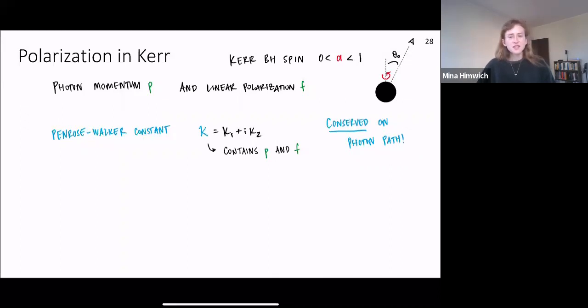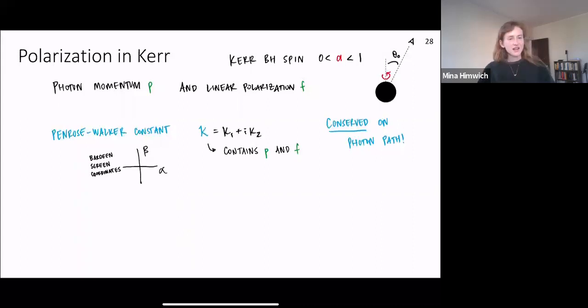The existence of this constant is ultimately due to the same reasons as the Killing tensor in Kerr. And it's extremely powerful because it says if you know the Penrose-Walker constant and you know the photon's momentum somewhere, you can immediately solve for the polarization without having to do any solution of the parallel transport equation.